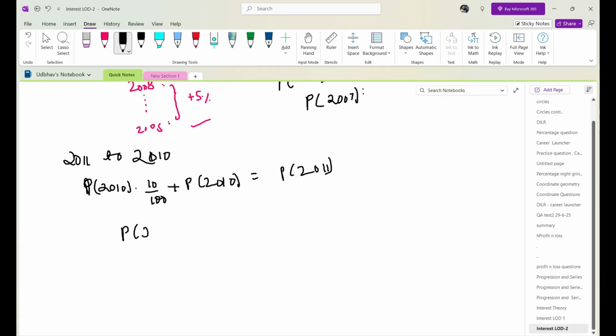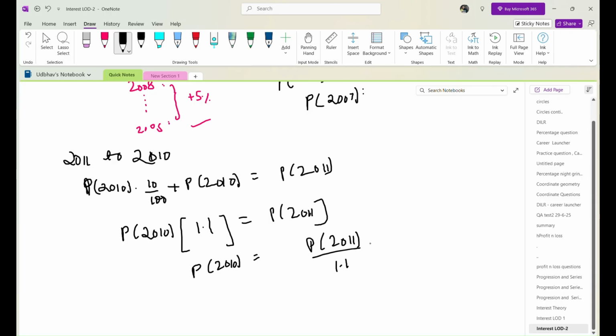So P of 2010, we can take common. 1 plus 10 by 100 is nothing but 1.1 actually, equals to P of 2011. So P of 2010 equals P of 2011 divided by 1.1.